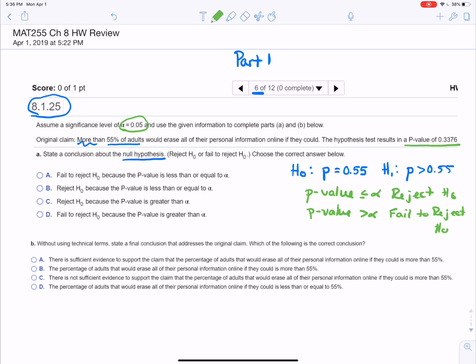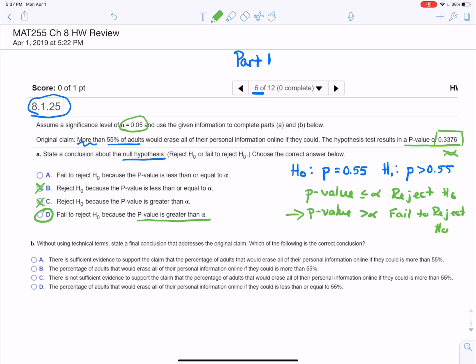So if we look at what's going on, our p-value of 0.3376 is very definitely higher than our alpha level. So because it's higher than our alpha level, we are going to fail to reject our null hypothesis. So if I look at my multiple choice options, I want the fail to reject. And it's because the p-value is greater than alpha. So I'm going to choose option D.